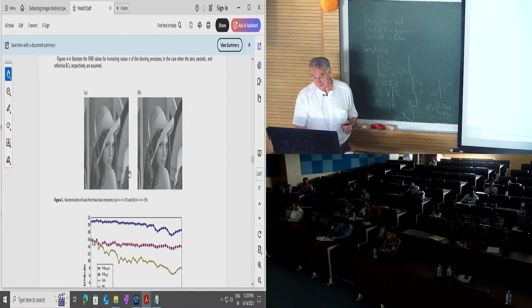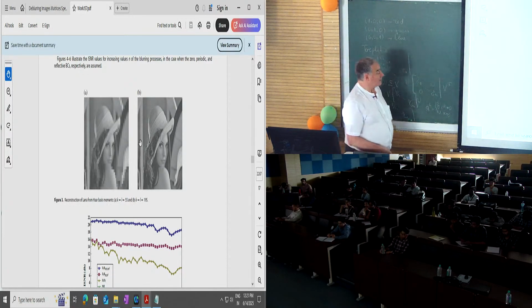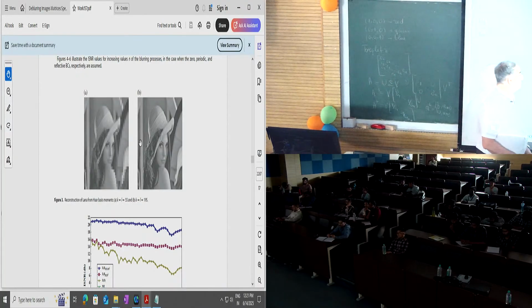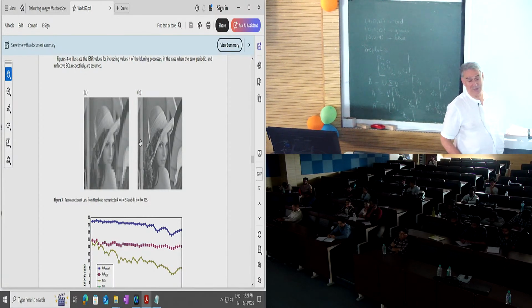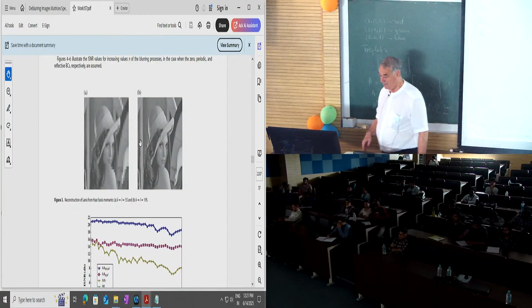Here are the results of image reconstruction. We used some methods with parameters. Here is with value 55. Here is with much bigger values, and we obtain better restoration. As usual, it is always necessary to compare your new method with existing methods.